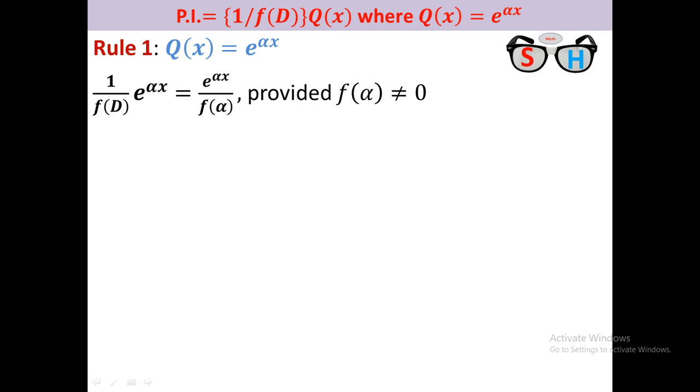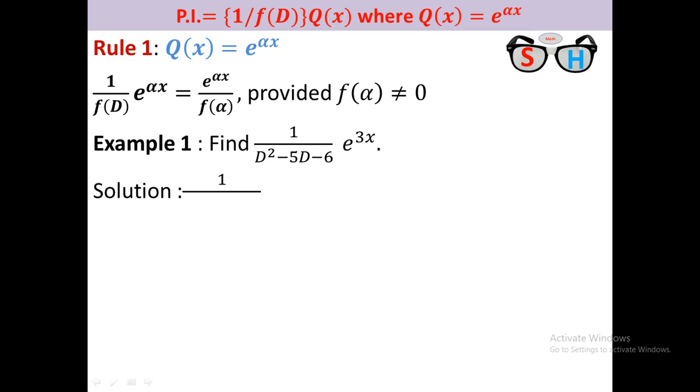Now I give an example. This is example 1. Find 1 by D square minus 5D minus 6 of e to the power 3x. Here you see that f(D) is D square minus 5D minus 6. Therefore to find the particular integral, we put 3 in the place of D. Here I put 3 in the place of D, therefore 3 square minus 5 times 3 minus 6. 3 square means 9, minus 15 minus 6, that is minus 21, and minus 21 plus 9 equals minus 12.